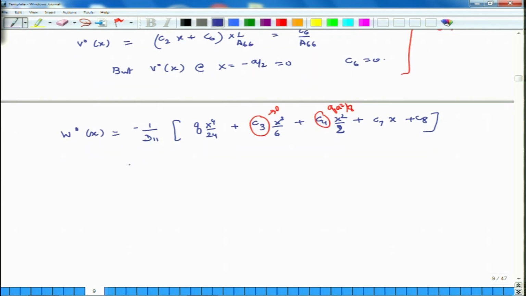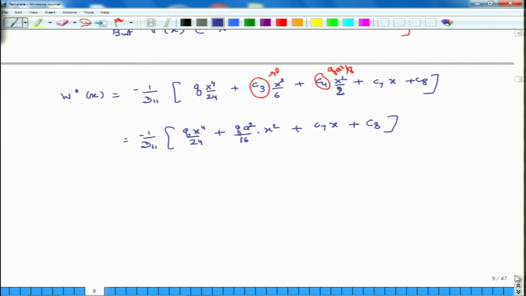So, we rewrite it after making these substitutions. So, we get Qx4 over 24 plus QA square over 16 times x square plus C7x plus C8.